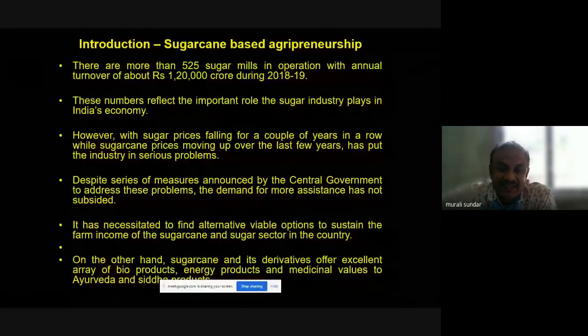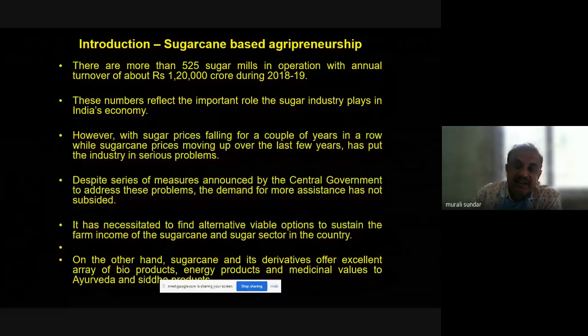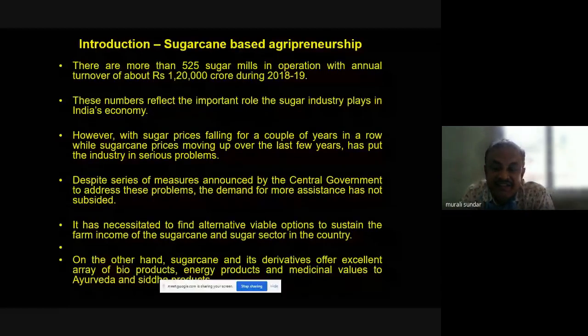It has necessitated finding an alternate viable option to sustain the farm income of the sugarcane as well as sugar sector in the country. On the other hand, sugarcane and its derivatives offer an excellent array of bioproducts, energy products, and medical values to Ayurveda and Siddha, which has opened up sugarcane-based agripreneurship in the country.